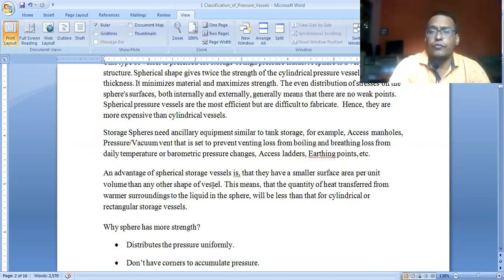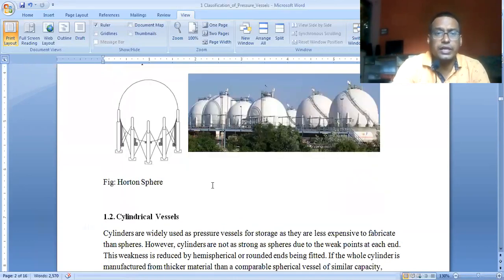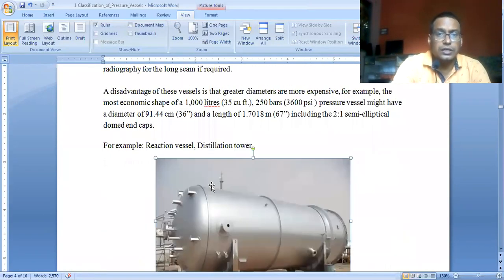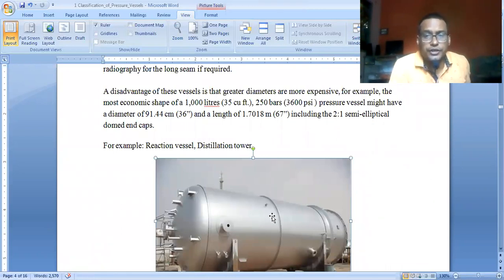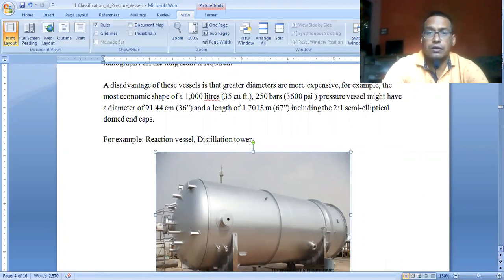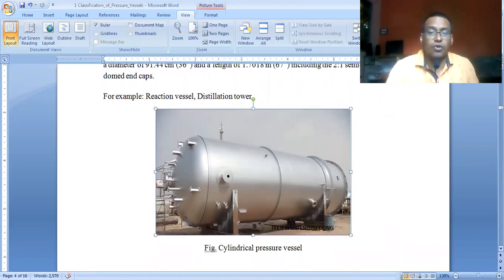Then we can have the cylindrical vessels. These are the huge cylindrical vessels one can see. This vessel has all the different attachments, a cylindrical shape, and the bottom head that is provided.